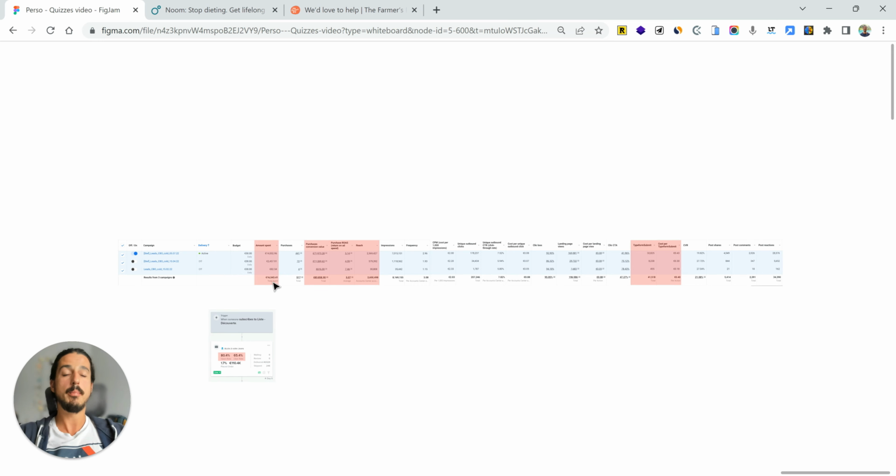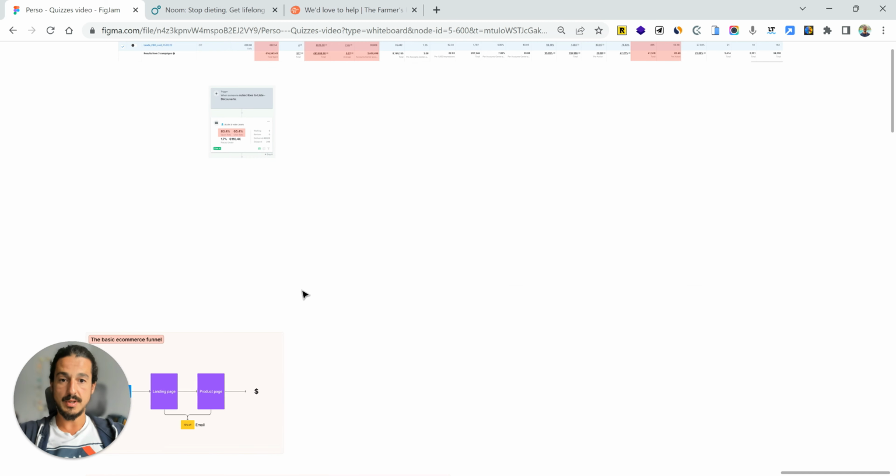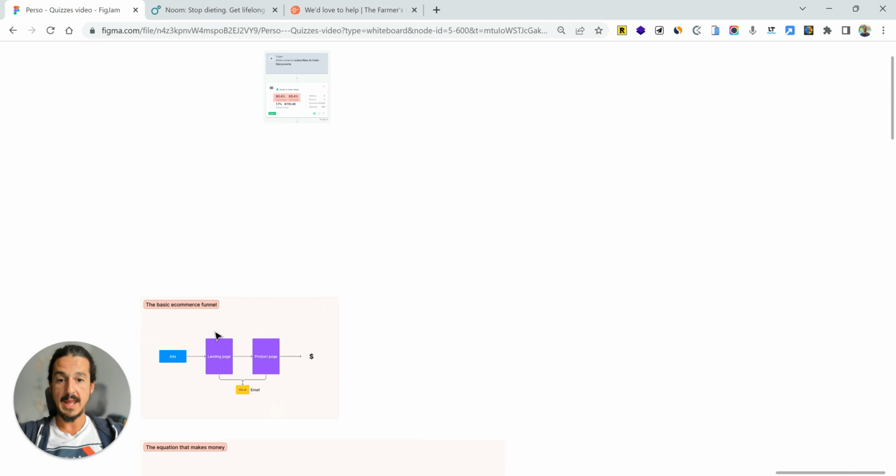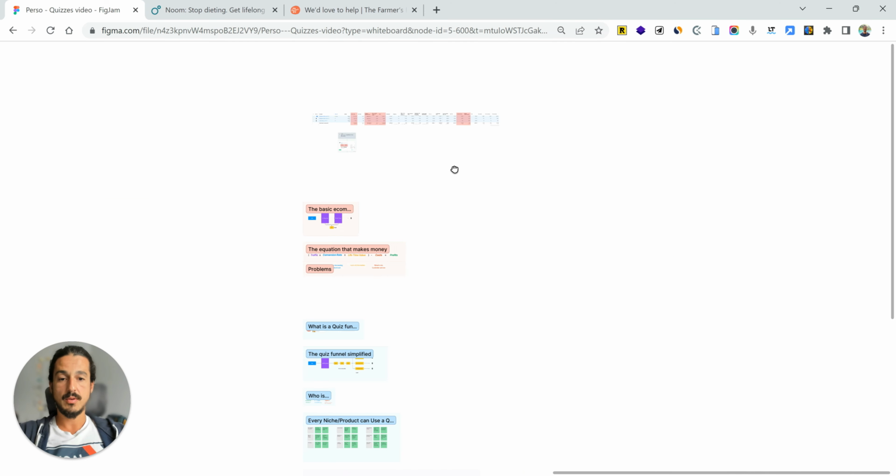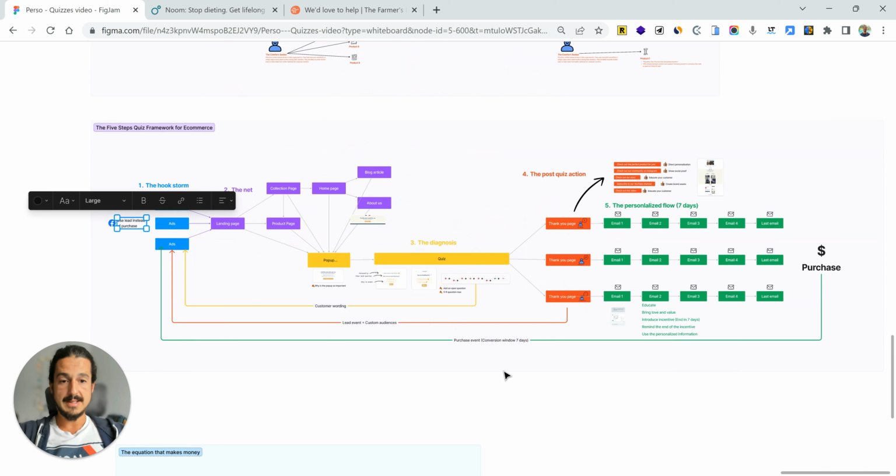Then here you would probably say, yeah, but purchase works, all the other events are not working. And that is true if you don't use this funnel. Because when you use this kind of funnel, obviously if you use the lead objective in Facebook, people are not referred as buyers by Facebook, so you will get people less qualified, but you will get them a lot cheaper and your reach will be a lot higher.